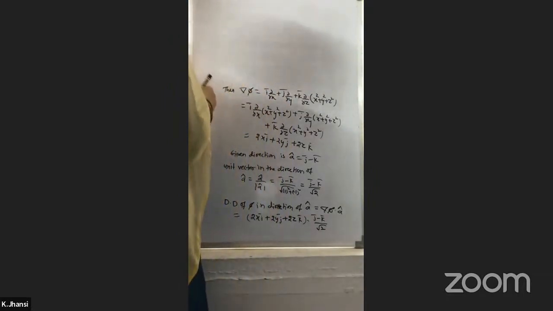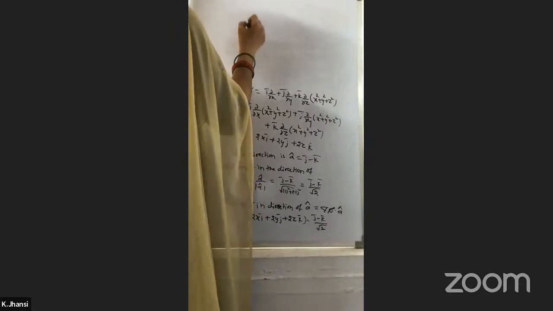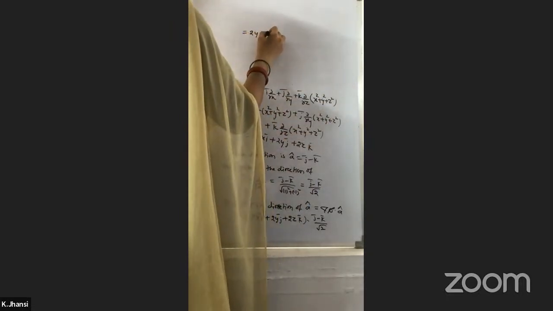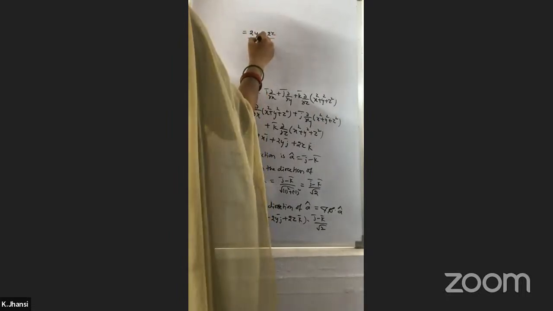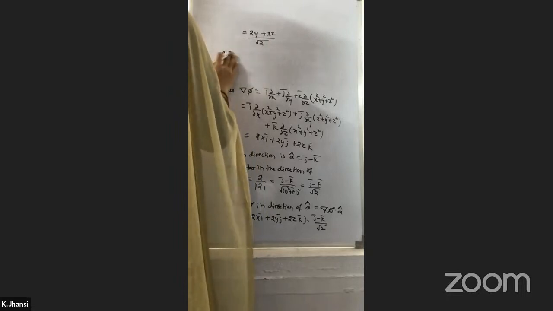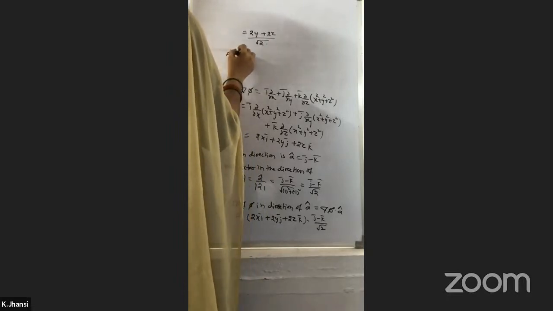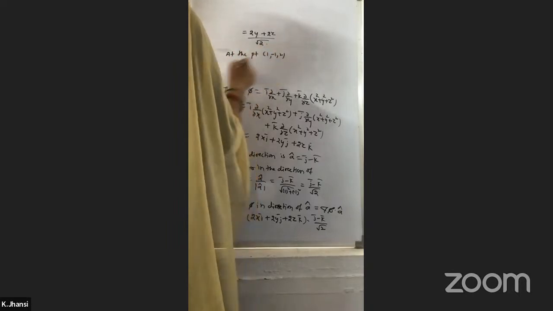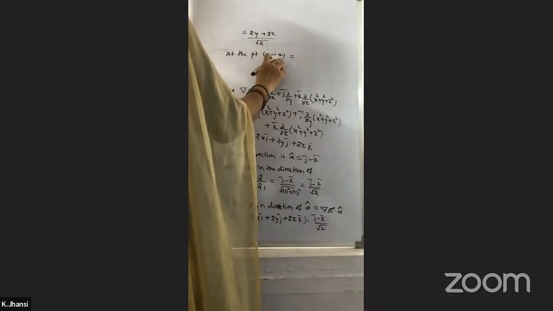That is equal to 2y plus 2z by root 2. So at the point 1, minus 1, 2, this is the y value and this is the z value.